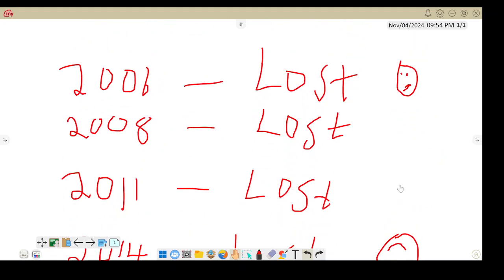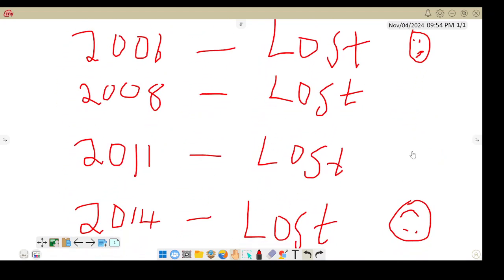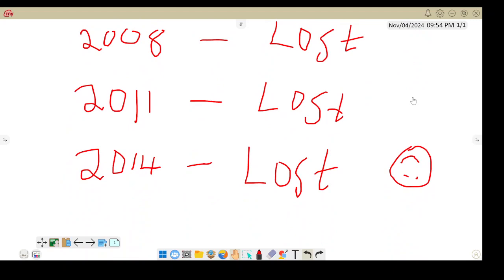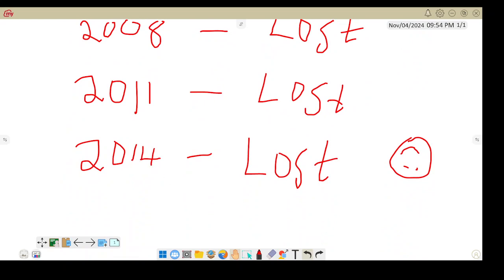Okay, so let's see. 2006 he lost. Yeah, 2008 he lost again. 2011 he lost also. This time in 2014, that's when Sata died. HH lost again in 2015 when the elections were held. Even if we change the year, he still lost.